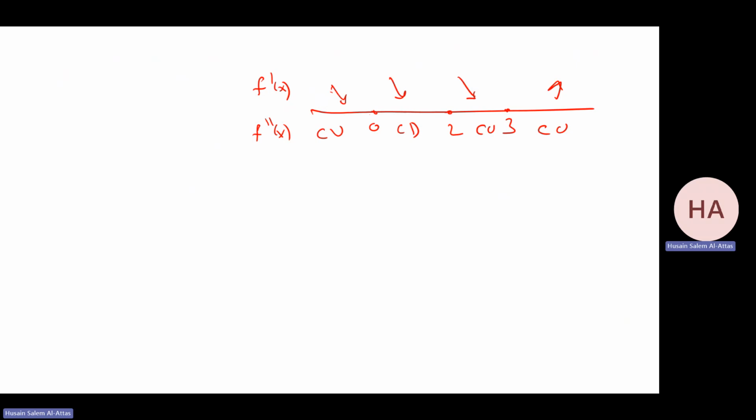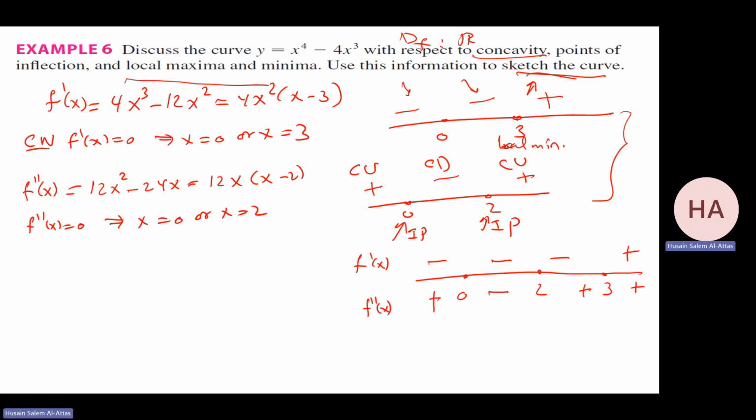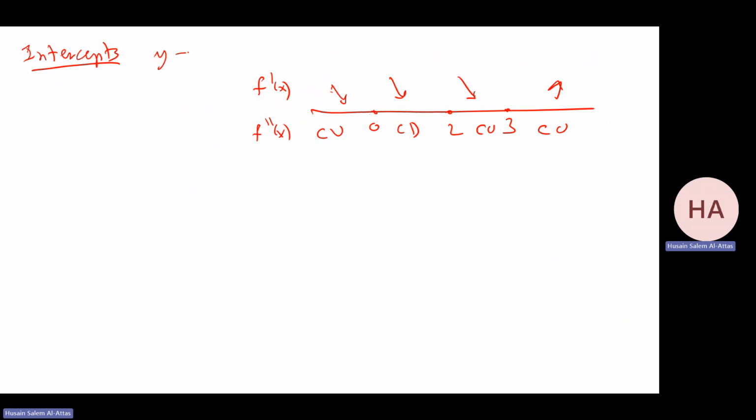Okay, I will add the intercepts. What is the function? Y equals x to the power 4 minus 4x cubed. In other words, it's x cubed times x minus 4. So for sure, y-intercept will be 0, 0.